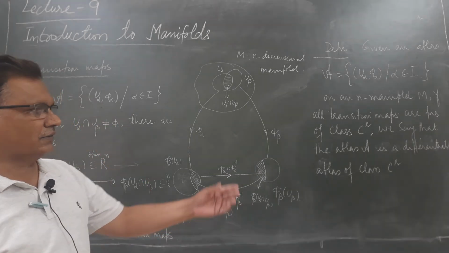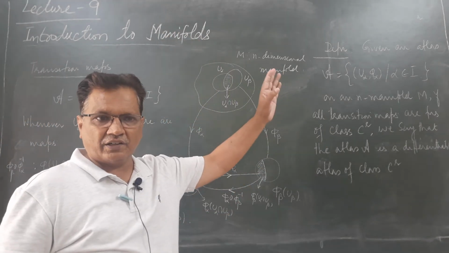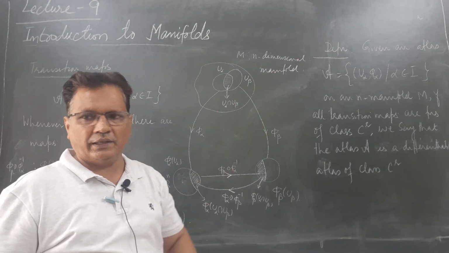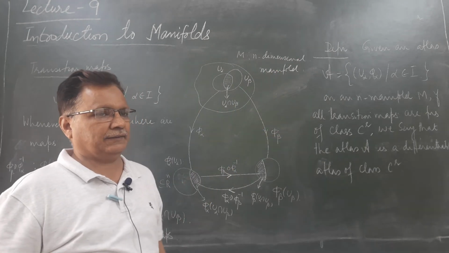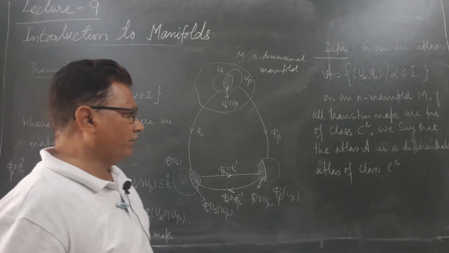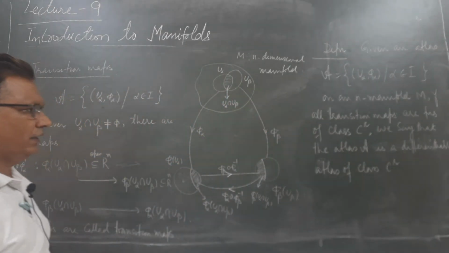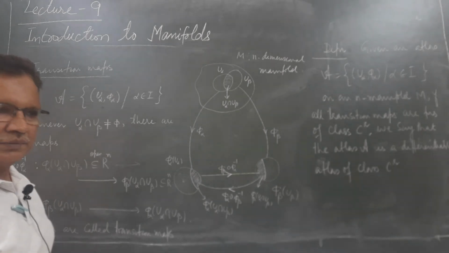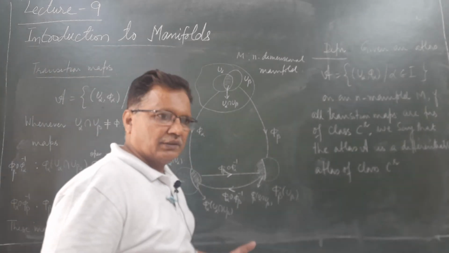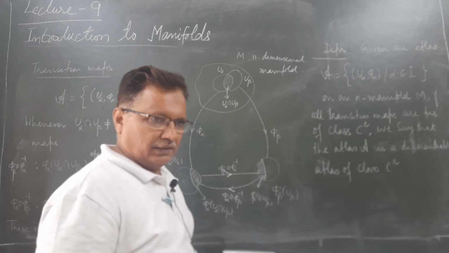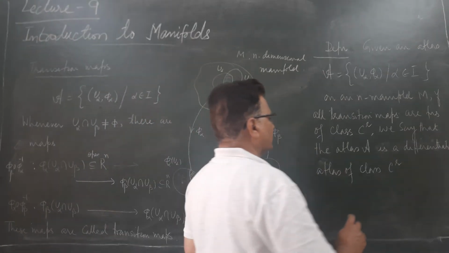और अगर C infinity ऑर्डर तक के एग्जिस्ट कर रहे हैं तो फिर हम उसको कहेंगे कि it's a smooth atlas. ठीक है. ये बात मैंने सिर्फ बोल दी है, लेकिन इसको भी लिख लेना चाहिए कि if transition maps are C infinity maps, then we say the atlas is a C infinity atlas.